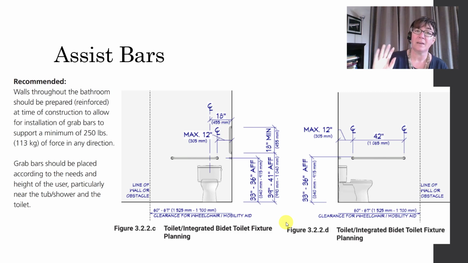But you don't have to place all of these grab bars or even in this particular location if that doesn't work for your specific user. It is important to reinforce your wall and put some blocking in during construction in order to install these grab bars.